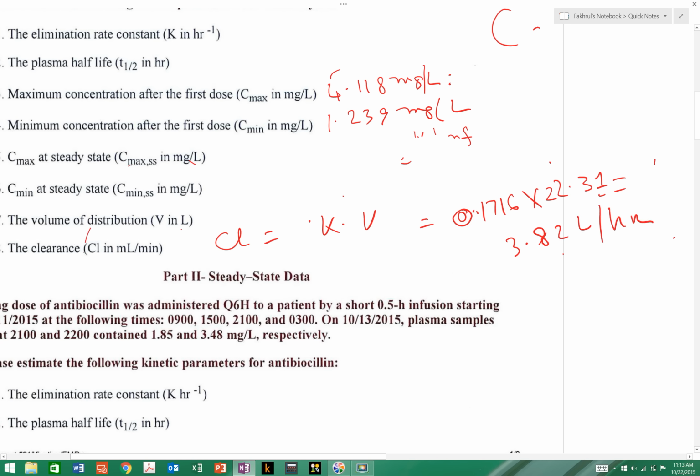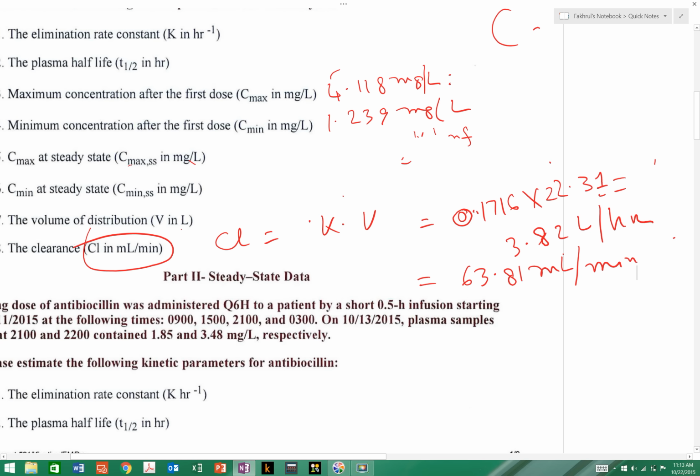If you convert it to milliliter per minute, you can google the conversion factor and multiply with it. Here it is going to be 63.81 milliliter per minute.